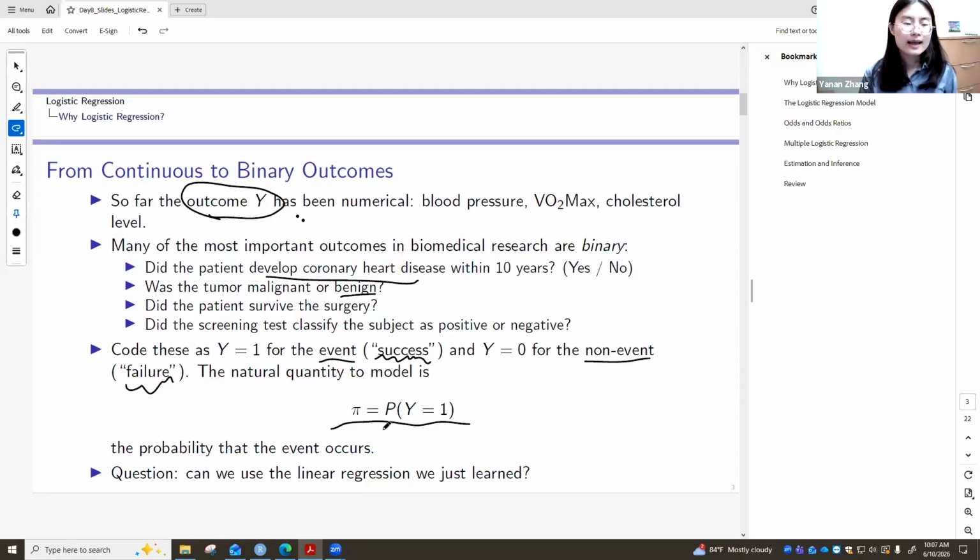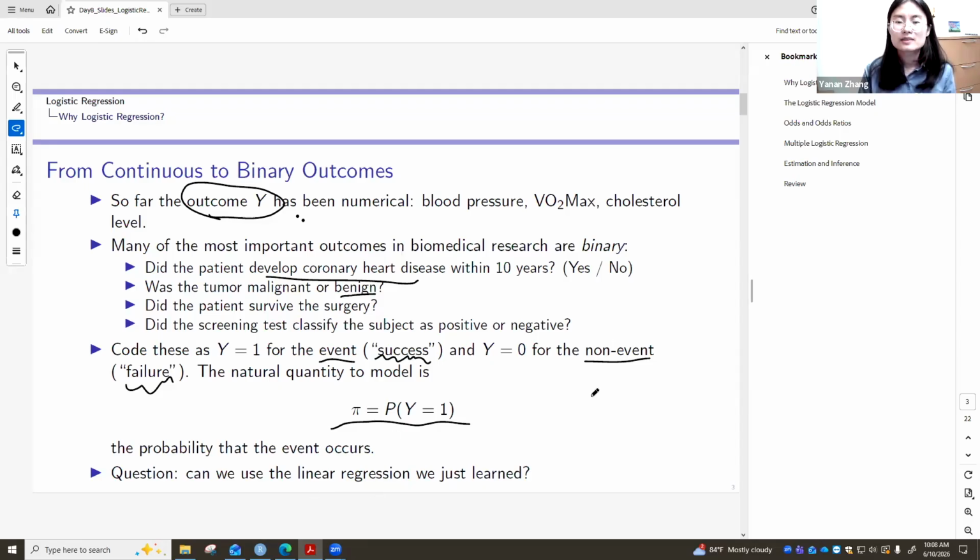Okay. And the next important question is, can we use the linear regression we have talked about previously to model the probability of success? Let me repeat this question.